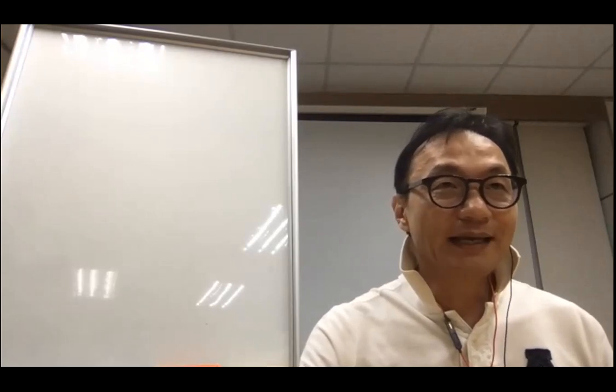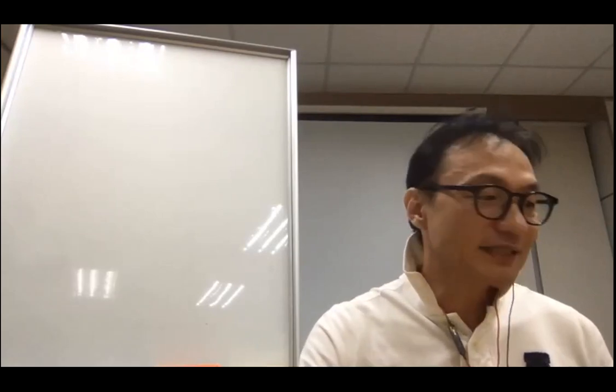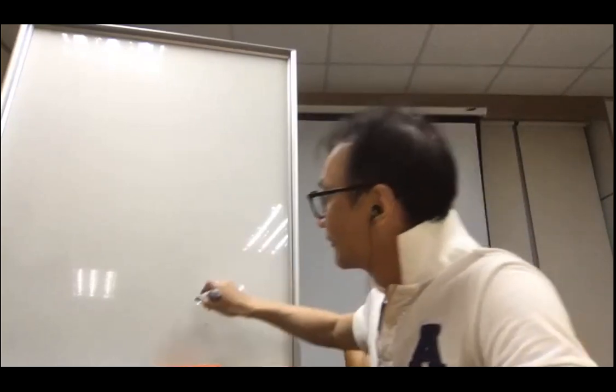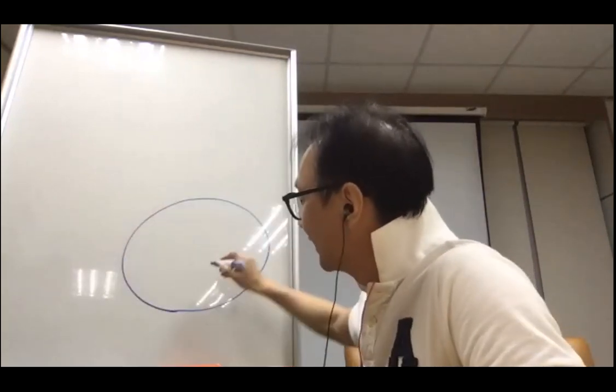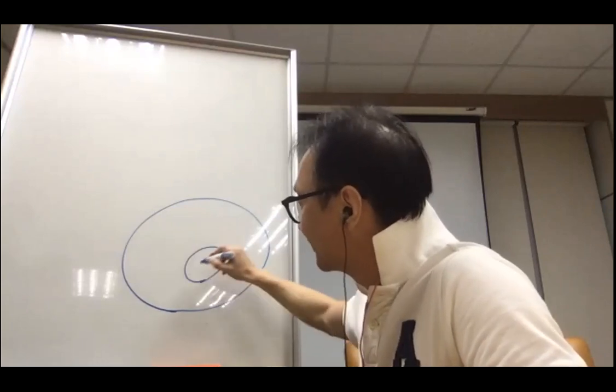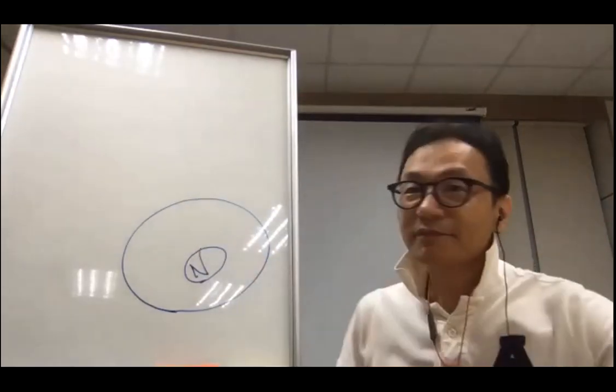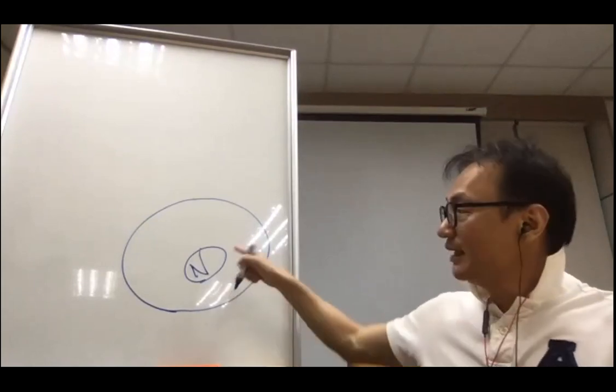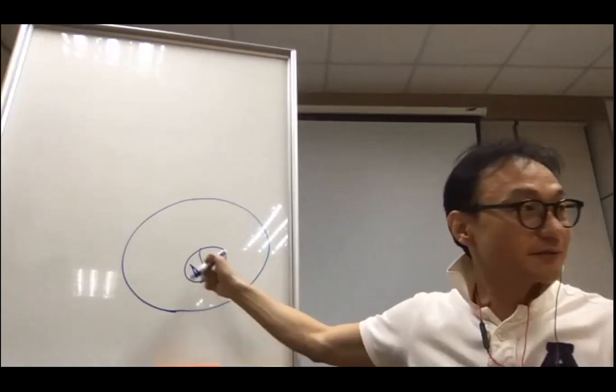Okay, then let's come back to a concept. Let's look at here. You have a cell right here, and you have a nucleus right here. And the location of the DNA is inside the nucleus, right?